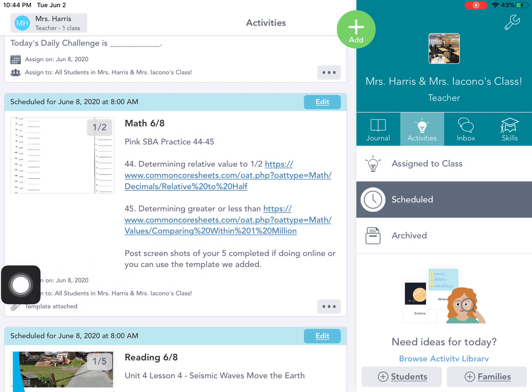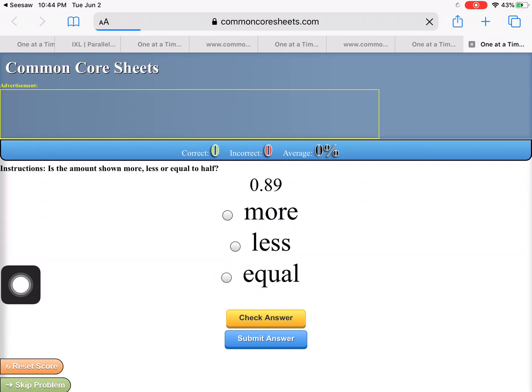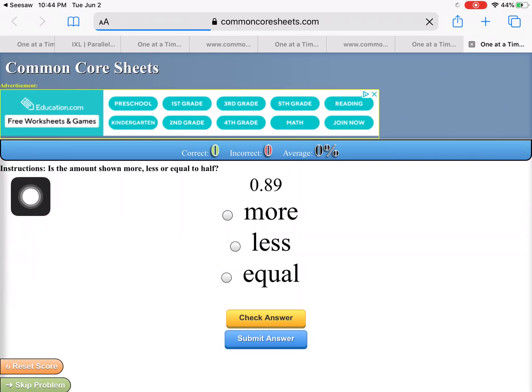So again, I'm going to use the links because they're faster for me. I would say make sure you read the directions because otherwise the answer choices won't make sense. The instructions say, is the amount shown more, less, or equal to half? Remember I said in yesterday's lesson that if you think about decimals, you kind of think about fractions.